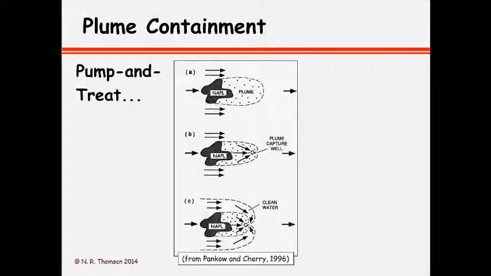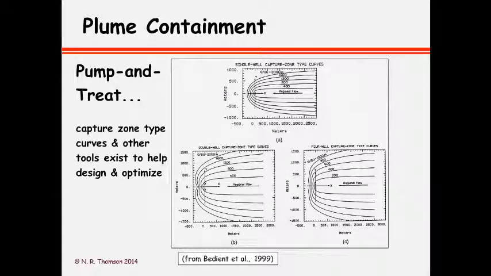A fairly standard and historical approach, probably the most well-known groundwater cleanup approach, is called pump and treat, where we have a plume and a source zone. We install a down gradient extraction well within the dissolved phase, pump the extraction well, thereby restricting the migration of the plume.